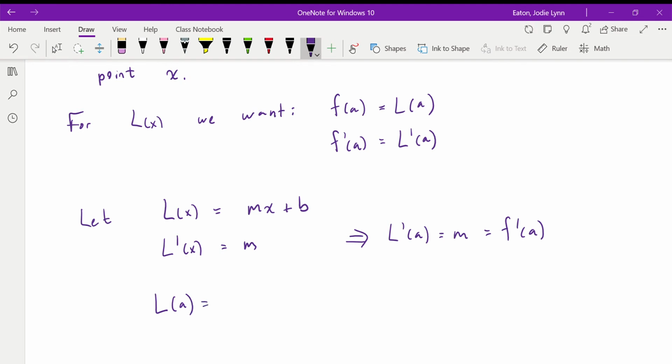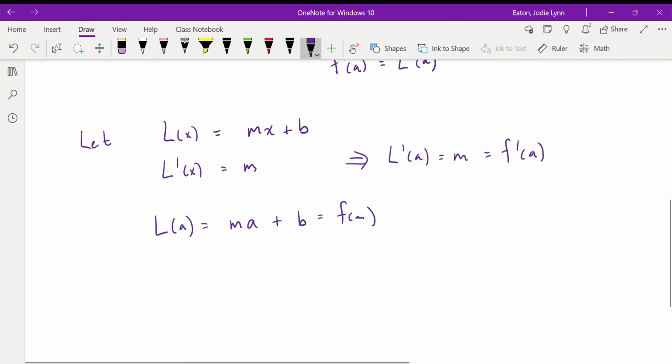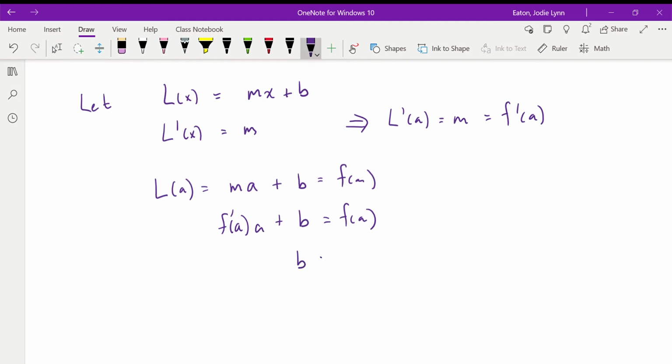So it's going to be equal to m times a plus b. We want this to also be equal to f of a. So we want the function to be the same. So this means, but earlier we said we want f prime of a to be our slope. So f prime of a times a plus b is equal to f of a. So if we want to calculate b, b is equal to f of a minus f prime of a times a.